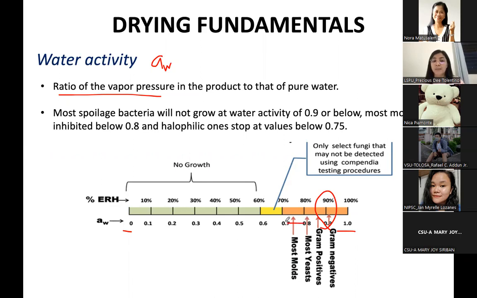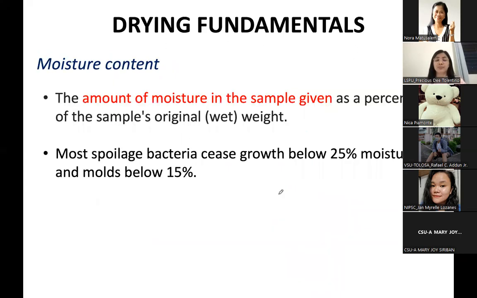Hindi na sila makakagrow, and halophilic ones stop at values below 0.75. Dito na yung pinaka-best. So ito dapat yung target during drying, na marireach itong water activity na ito. Tandaan nyo ang definition ng water activity ha. And then the moisture content is the amount of moisture or water in the sample given. Okay? And sabi natin kanina, most spoilage bacteria see growth below 25% moisture and molds below 15%. Ayan siya. So 15, but sabi ko kanina, better below 10%.